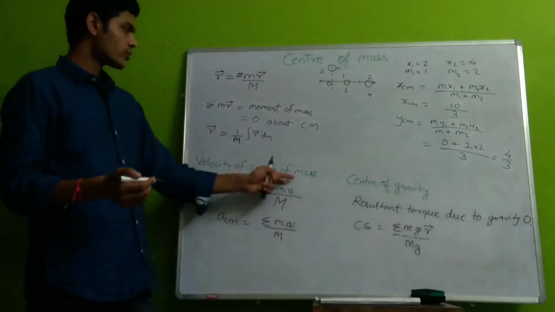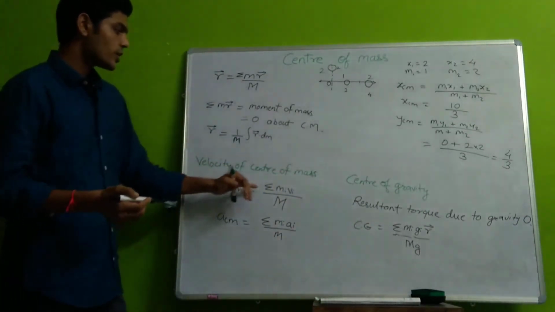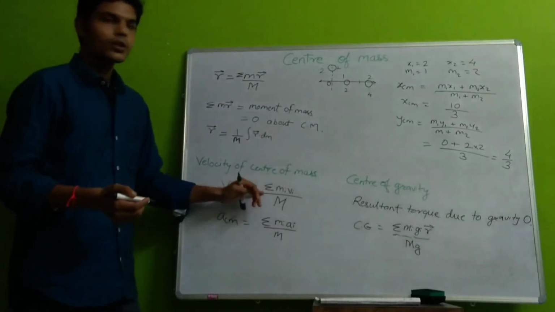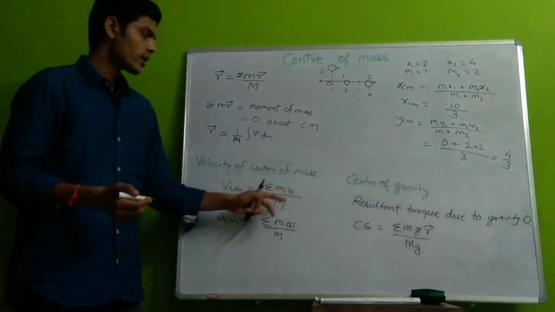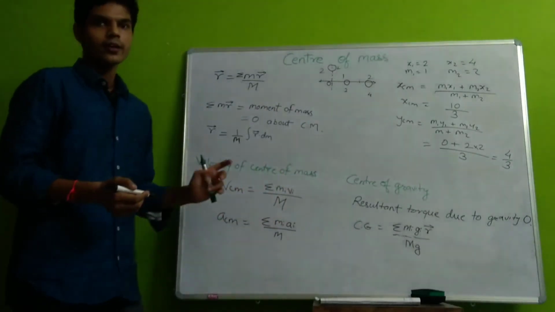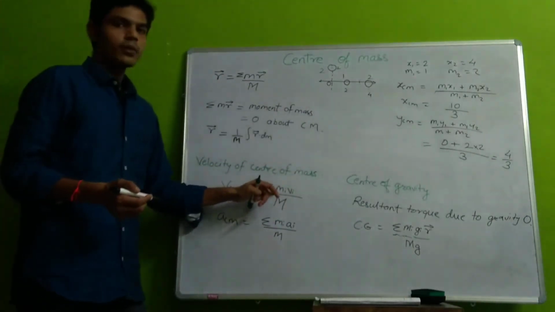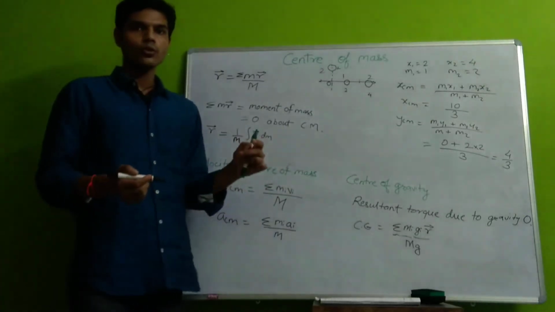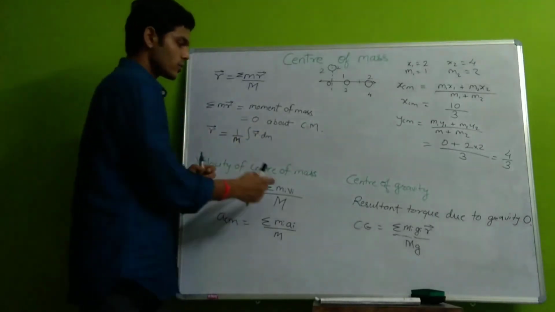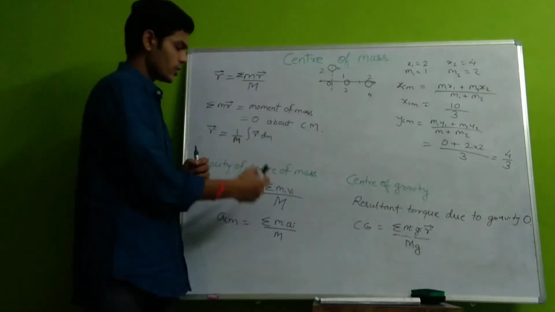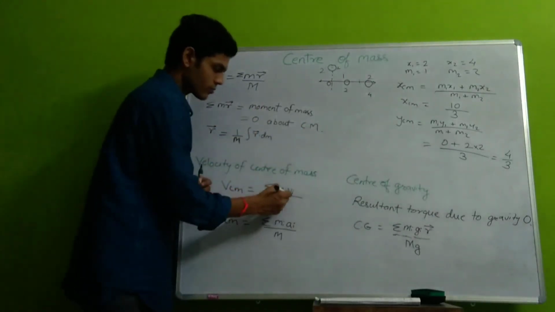And what is the velocity of the center of mass? It is basically a weighted mean of velocity, because we multiply by the mass and divide by the total mass. So this is a weighted mean, and I hope you know what a weighted mean is. Weighted mean is not just a simple mean. It has some weight given and is then divided by the total of weights.